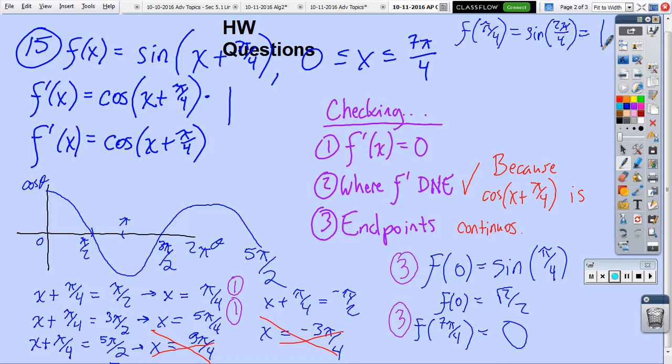And then the other one is f of 5 pi over 4, which would be equal to the sine of 6 pi over 4, which is the same thing as 3 pi over 2. So 1/2, 1, 1/2, negative 1.